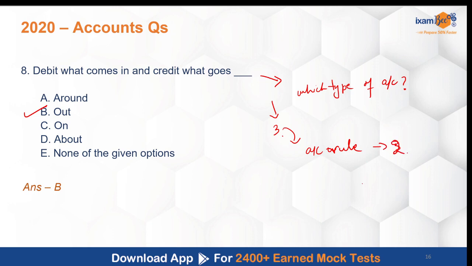This is the traditional way of making accounting entries. If you are from a finance background, you will know these. If not, we also go with the modern technique of making accounting entries, which is very acceptable, where we understand assets, liabilities, income, expenses and capital, and their increase and decrease is used to make the entry, what will be debited and what will be credited. So these are the 2 ways. This is related to the traditional accounting method.